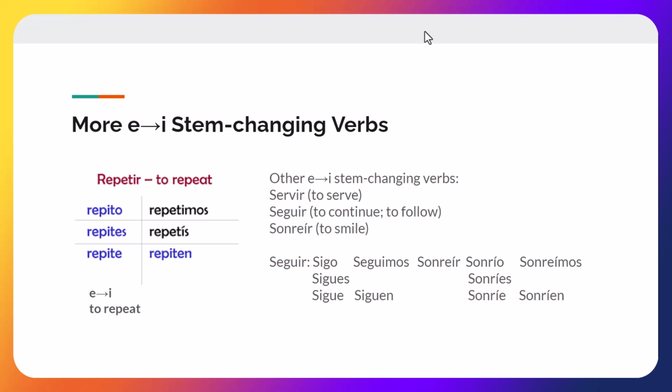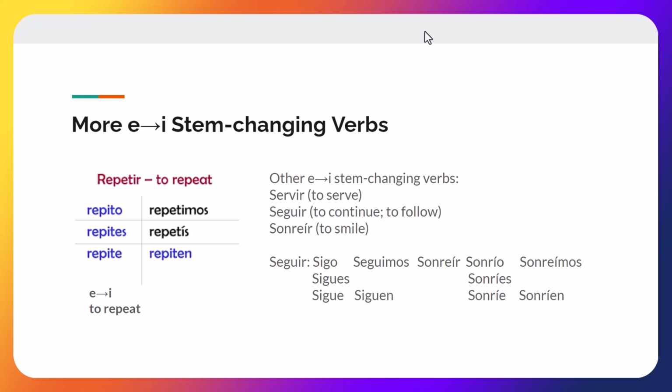Now, in addition to the fact that the letter I wants to blend with whatever vowel it appears with to make it all one syllable, and so in order to avoid that, I have to put an accent mark over the I. When I don't want that blend to occur, or once again, sometimes I have to change the I to a Y. We've got another spelling change that we have to worry about.